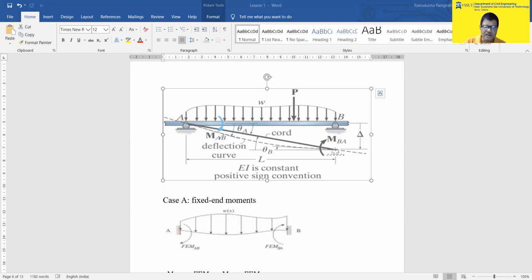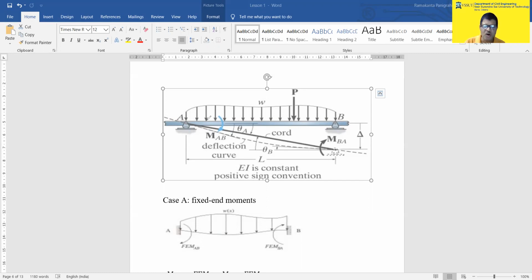Now if that is the deflection curve, then there will be a moment here, MAB, and a moment here, MBA, and due to this I will find out the slope theta A and slope theta B. You have the deflection curve, draw a tangent at that point, then that tangent with respect to the horizontal will give some angle, that is theta B. Theta B is the slope.